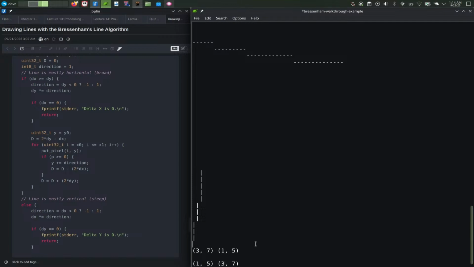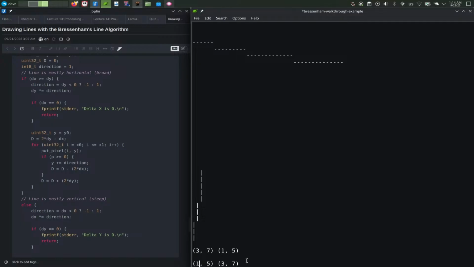Because this line is going 3-7 is across and up, right? 1-5 is down. So this line is like positive, right?